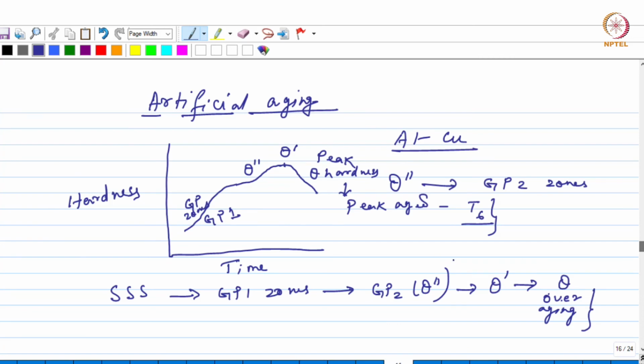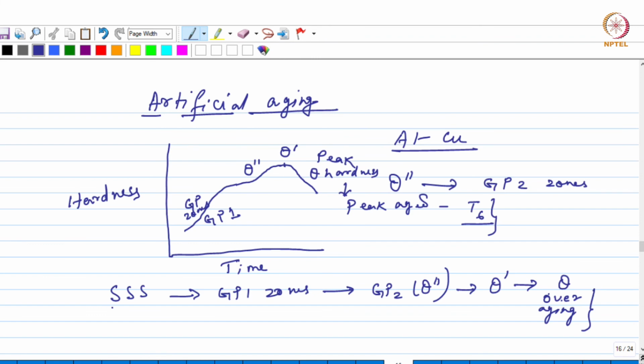So before we finish this lecture, let us take a summary of what we learned today. Today we basically discussed the mechanisms of precipitation hardening, and we have also learned that the precipitation occurs in a particular sequence depending on the alloy system. In case of the aluminium copper system, for example, the sequence is like this.